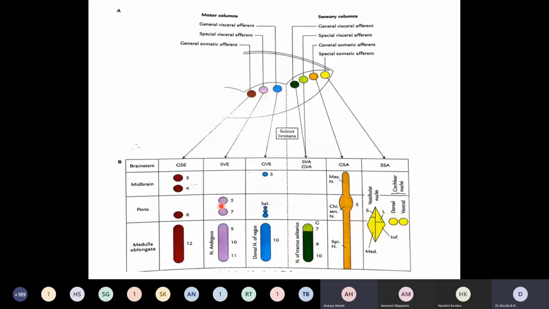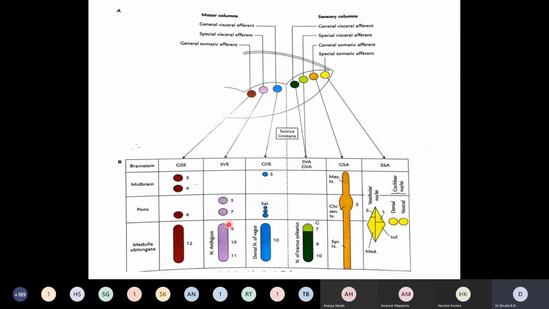Mandibular nerve, which is from the trigeminal nerve. So the nerve rootlets arising from the motor nucleus of the trigeminal supply the muscles of the first arch. The motor nucleus of the facial nerve supplies the muscles of the second arch.